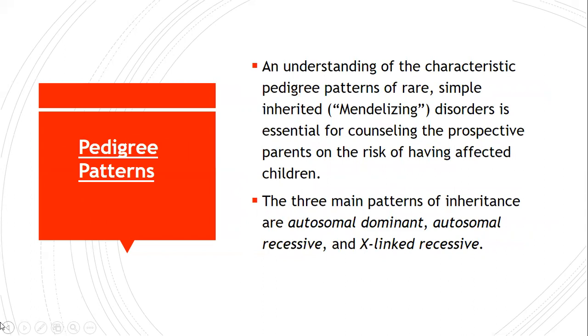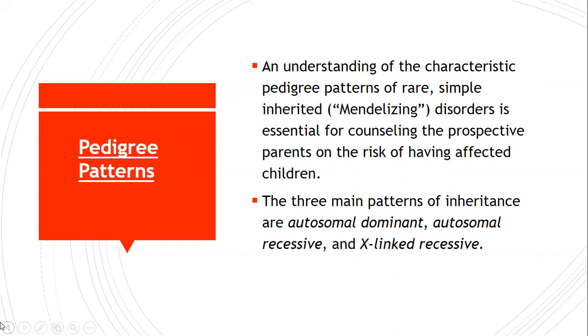Pedigree patterns. An understanding of the characteristic pedigree pattern of a rare, simple inherited Mendelian disorder is essential for counseling prospective parents on the risk of having affected children. The three main inheritance pedigree patterns are autosomal dominant, autosomal recessive, and X-linked recessive.